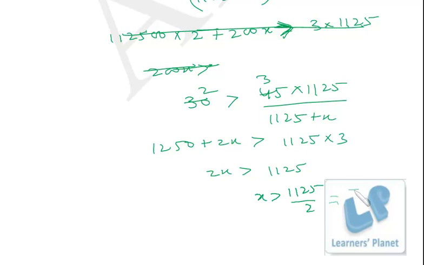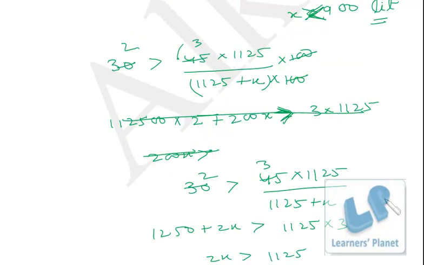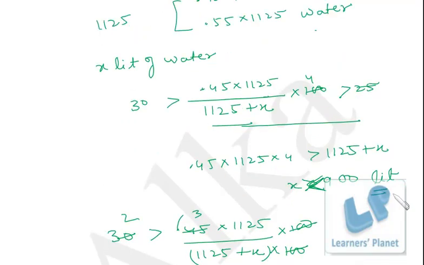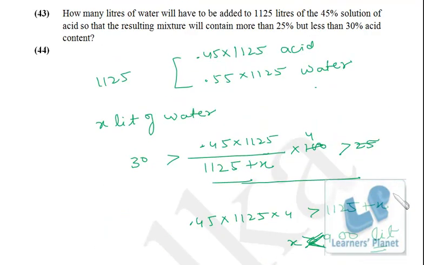So that is 562.5, right? So x is greater than 562.5 and x is less than 900. So the quantity of water that has to be added is more than 562.5 and less than 900, right? And it's going to be an important concept.